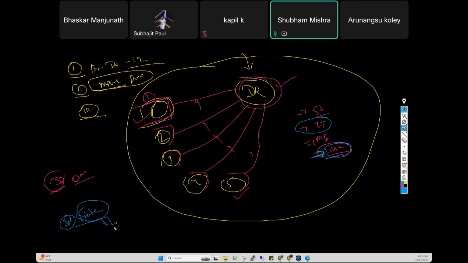Because when you open your console, when you open your PuTTY or SecureCRT, which IP are you putting there? Management VLAN IP, yes or no? It means you are targeting the management VLAN. Getting my point, everyone? It means you are accessing that device with the help of management VLAN.